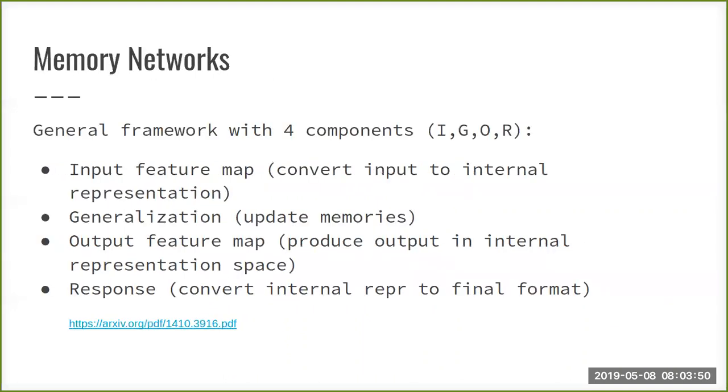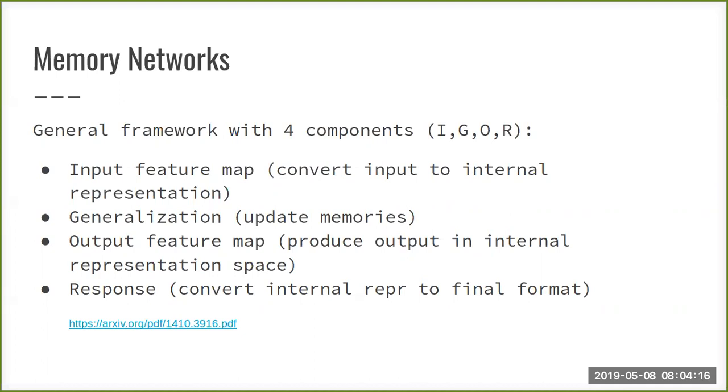The framework that these guys use is called memory networks, and it was presented at the end of 2014. It's kind of a general framework. Basically, it consists of four stages. As input, you take the input and convert it to an internal representation. Then there is a generalization stage where you can update the memories.